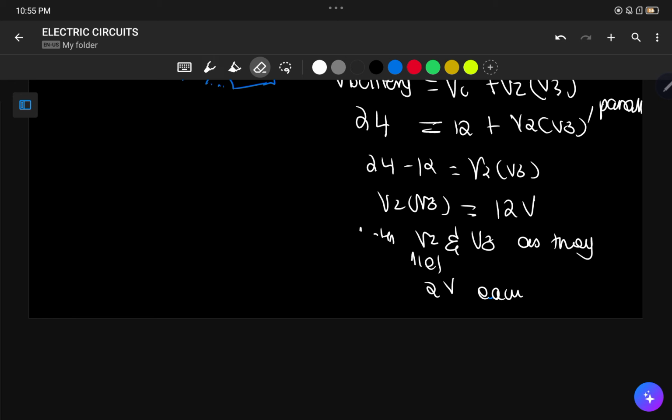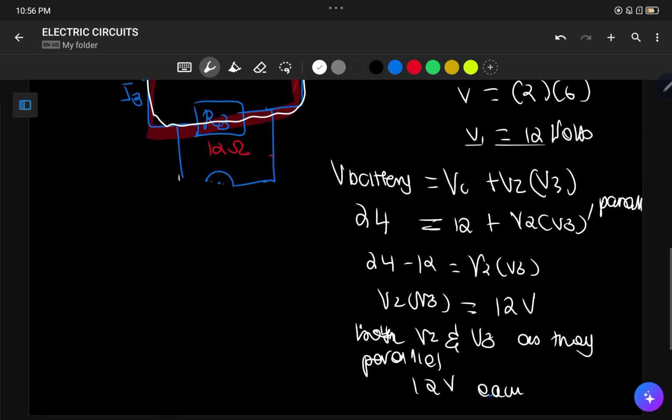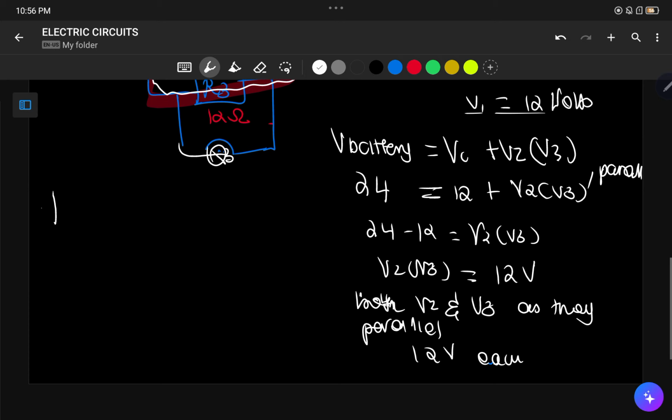Okay, so since you've gotten that the voltage read by V3 and V2 is the same, which is 12 volts each, you go back to the illustration. The question said to look for the current, or the I2. The I2 is the one that you're looking for.